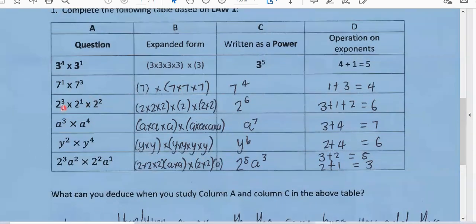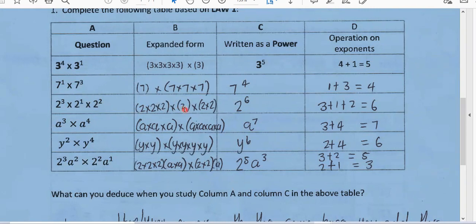Now for the third one, we got 2 to the power of 3 times 2 to the 1 times 2 to the 2. For the first one, again, my exponent is 3, so I must multiply the base, which is 2, 3 times by itself. So that's why we have 2 times 2 times 2. Then the next part, we got 2 to the power of 1.